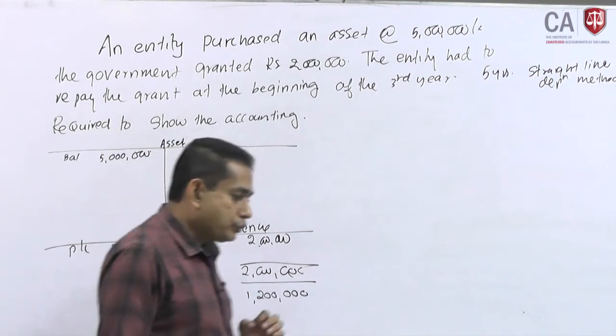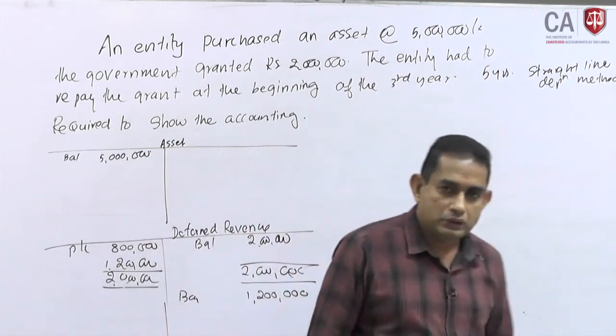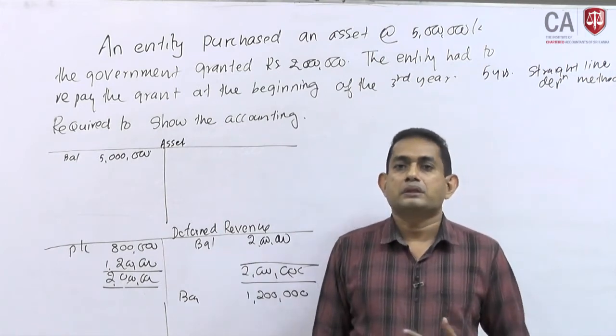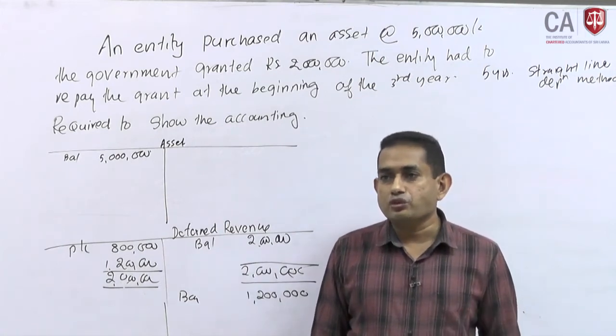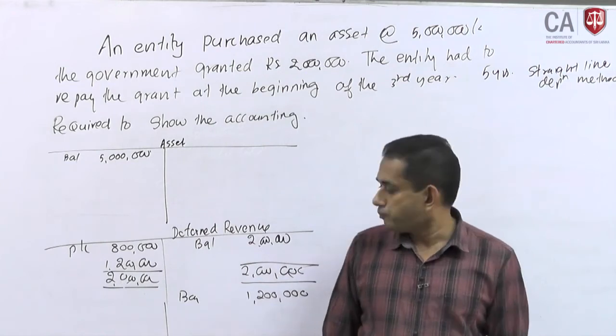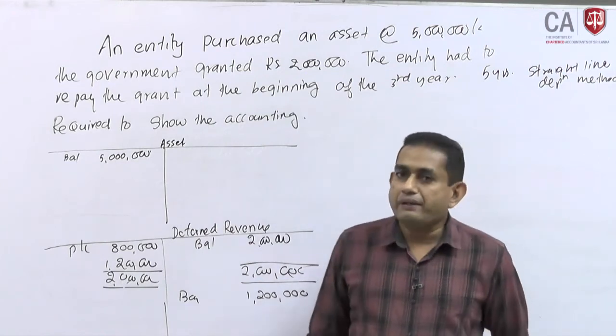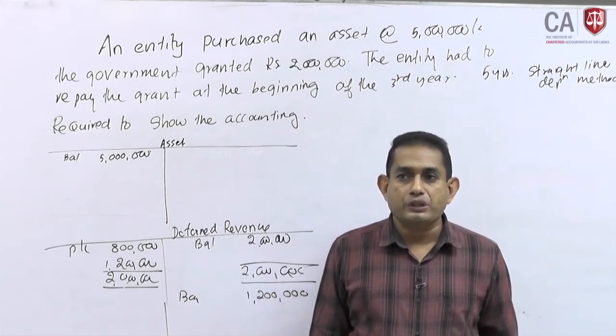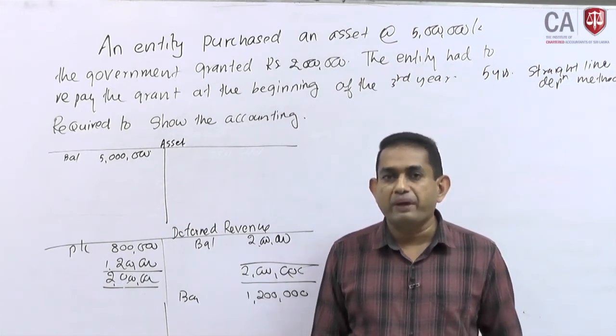Now, for failing to comply with the conditions attached to the government grant, we are under the obligation to repay it. Deferred revenue no longer appears in the balance sheet or in the financial statements once you pay it back.